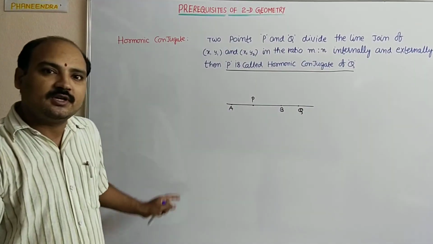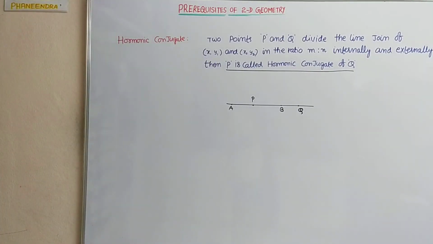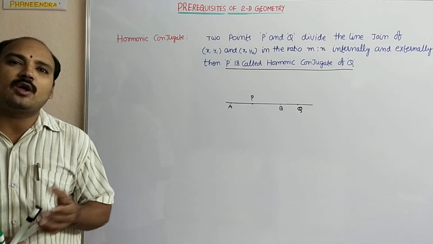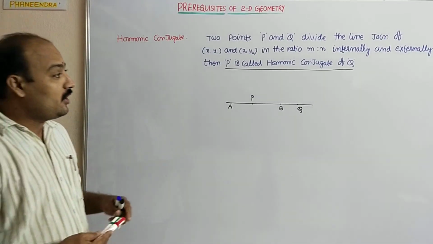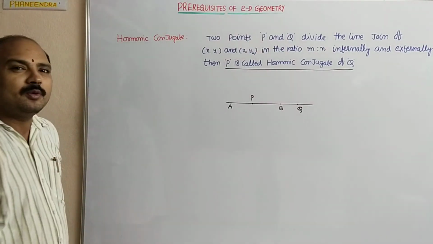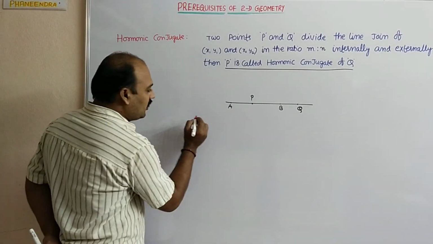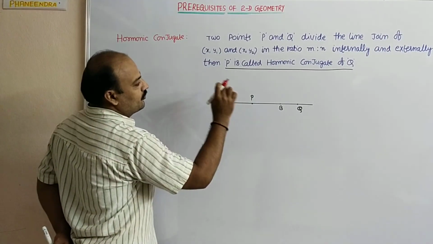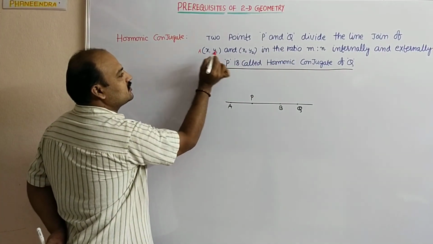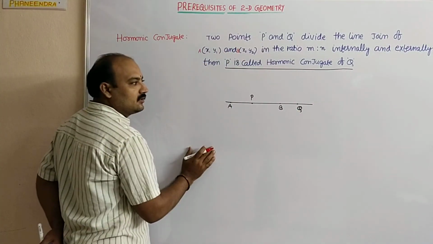One more important result I will discuss related to the harmonic conjugate. Even in progressions we know the harmonic progression, like this. So even by using that concept we can see the harmonic conjugate. A, B, C are in harmonic progression means what? 2 by B equal to 1 by A plus 1 by C. In the same way, here the points P and Q which divide the line segment AB, this is A, this is B, so how to write these?